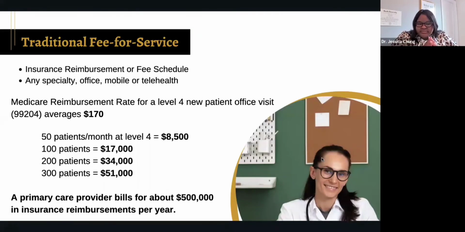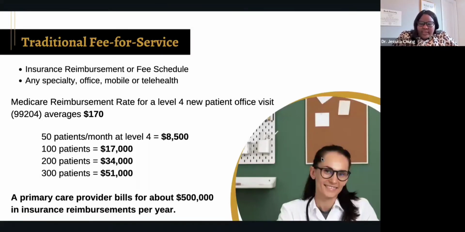Again, this can be done in any type of specialty. You can do this in office, mobile, or telehealth services. So the example I like to use is the Medicare reimbursement rate. So let's say a Medicare reimbursement rate for a level 4 is about $170.